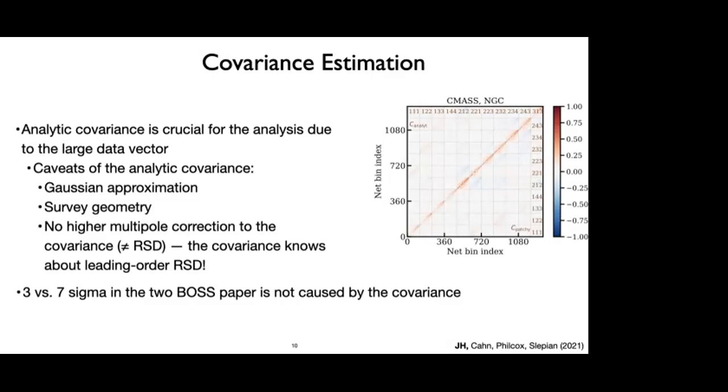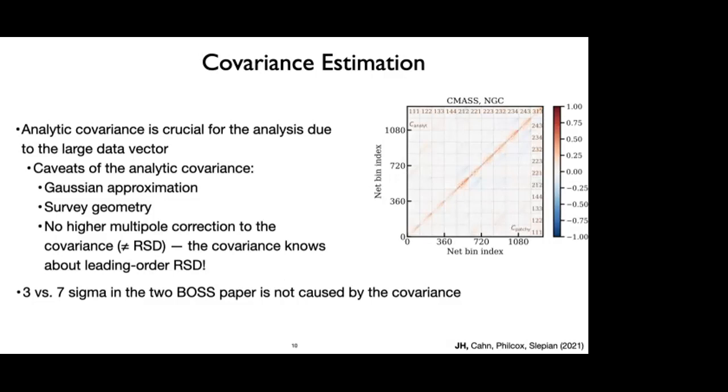And apart from a broad good agreement between the mock and the analytic covariance matrix, as we can see from the right panel, where the lower triangle is the mock covariance and the upper triangle is the analytic covariance, there are caveats of the analytic covariance as listed below.